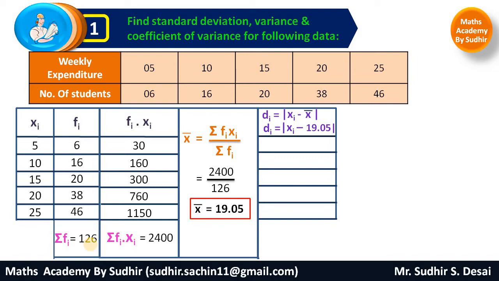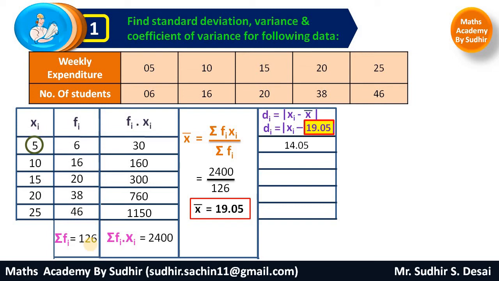First xi is 5. 5 minus 19.05 is 14.05. It is minus, but because of absolute value it will become plus, as we all know. Or directly you can put the value in the calculator using the ABS button in the scientific calculator. ABS is nothing but the absolute value.